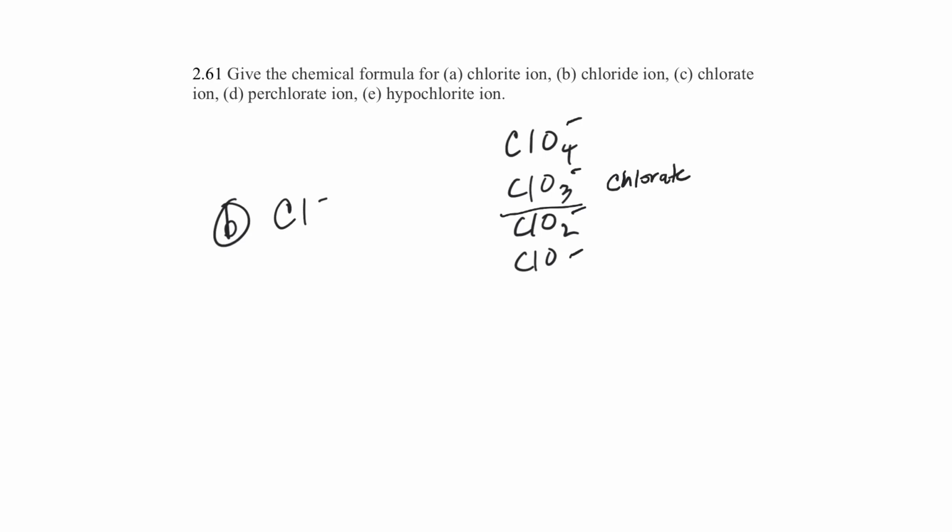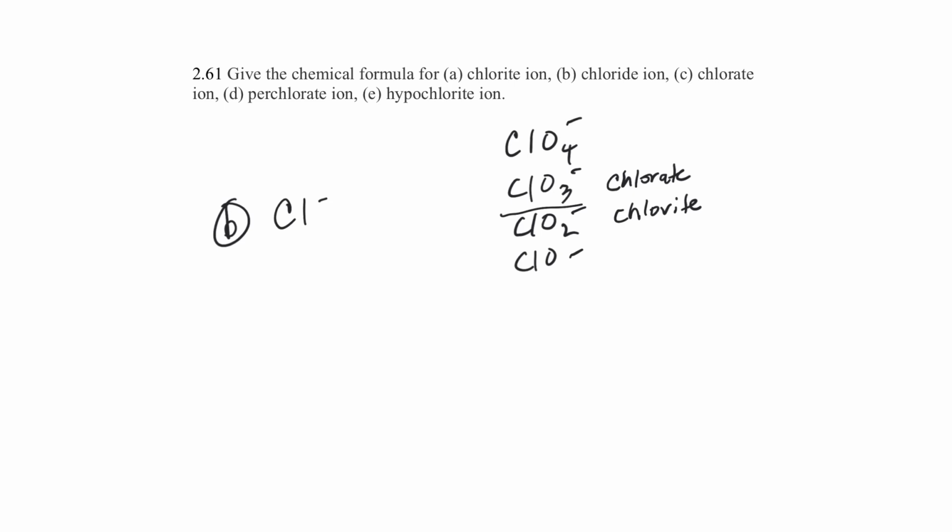All right, so now we know one less oxygen will be chlorite. In most cases of nonmetals working with oxygen, you're going to have a higher amount of oxygen and a lower amount of oxygen, ate and ite. In the case of these group 7 ones, chlorine, bromine, and iodine, where there are 4 forms, you're going to have a higher number of oxygen than the most common.